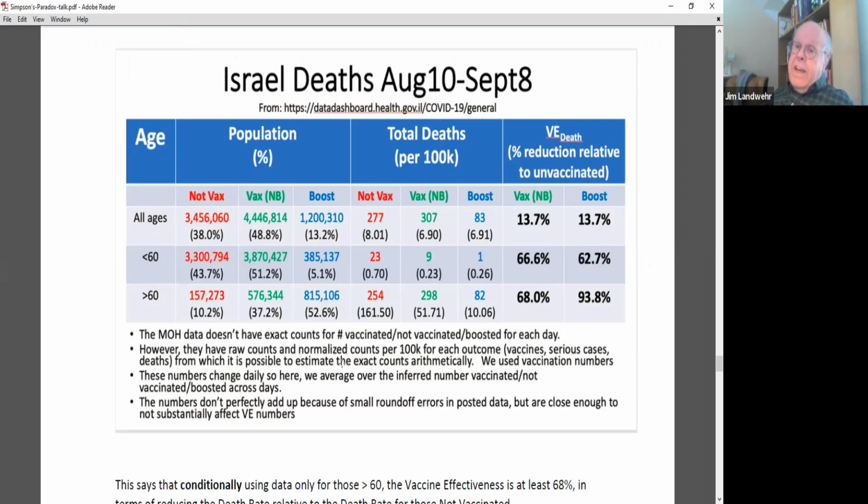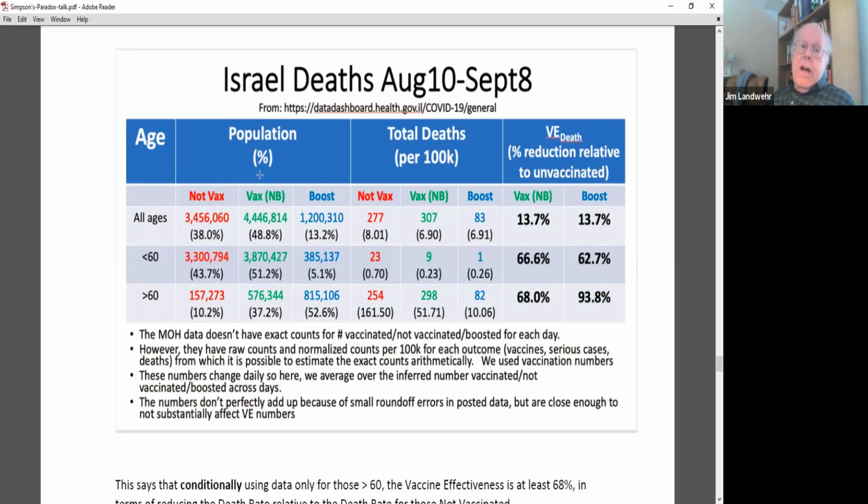So what is this saying? It says that conditionally for those people who are over 60, that is, conditional on your being over 60, the vaccine effectiveness is 68% if you're fully vaccinated, up to 94% if you're boosted. The vaccine effectiveness is about 68% or higher.